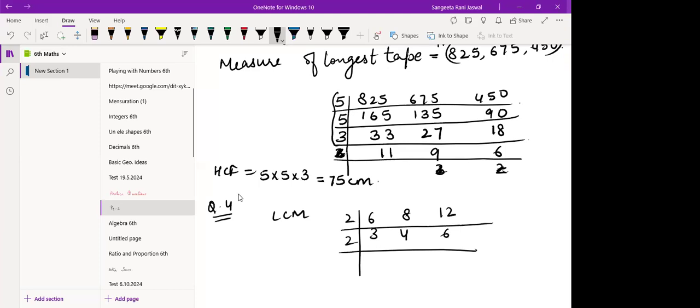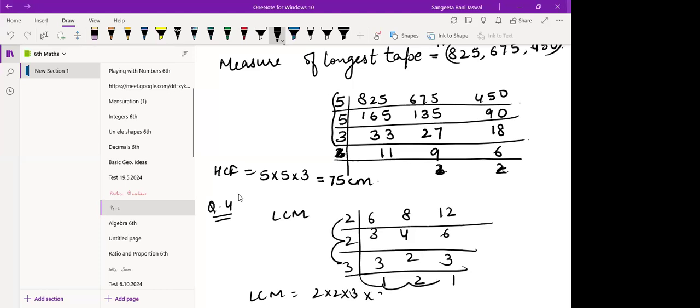So we have 2, 2, 2, 3, then 3, 1, 1, 2. So LCM is 2 into 2 into 3. All these numbers should be multiplied. So 1 you don't need to write. So 2 twos are 4, 4 threes are 12, 12 into 2 is 24. So 24 is the LCM we've got.